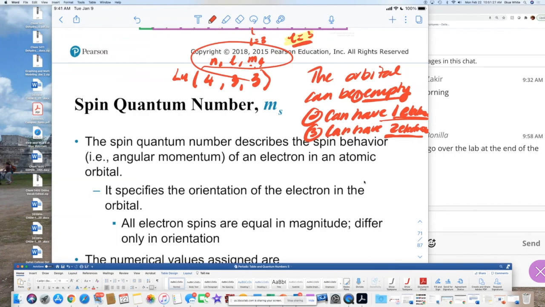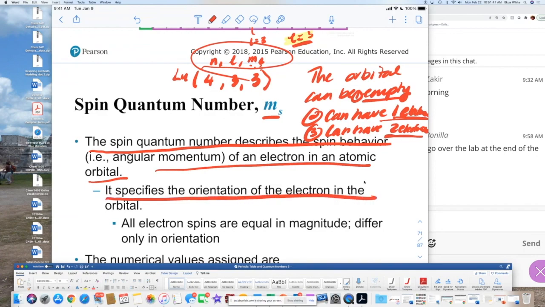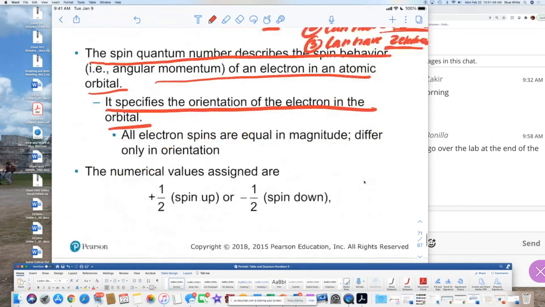Okay? So we're now trying to describe which electron we're seeing, magnetic spin. The spin quantum number describes the spin behavior of the electron in the atomic orbital. So once we've gotten to that 3D space where the electron is, the spin tells us what electron. It specifies the orientation of the electrons in the orbital.